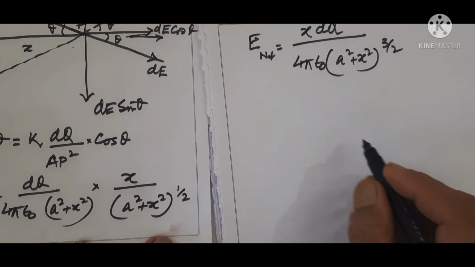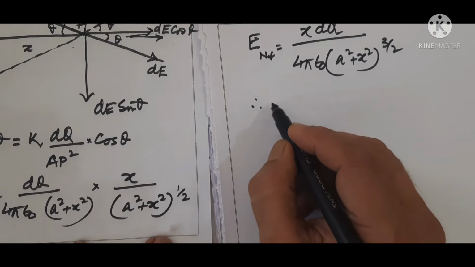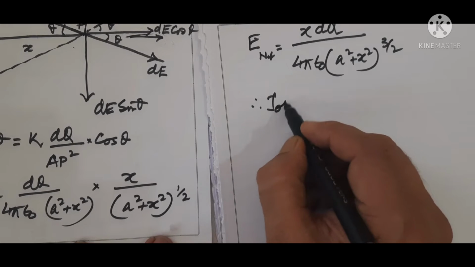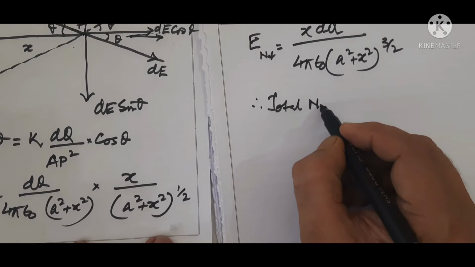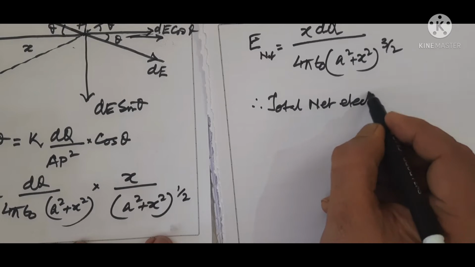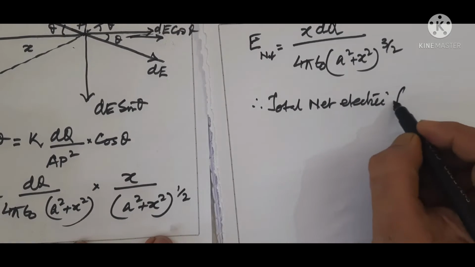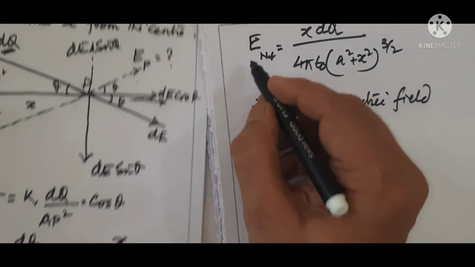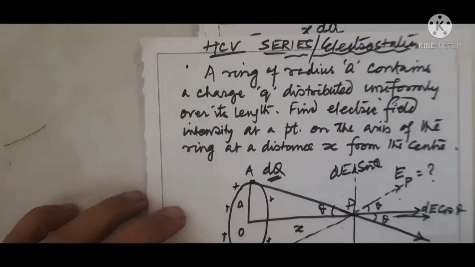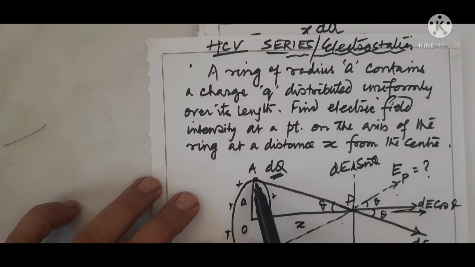Right? So this field is in fact due to this one small dq.